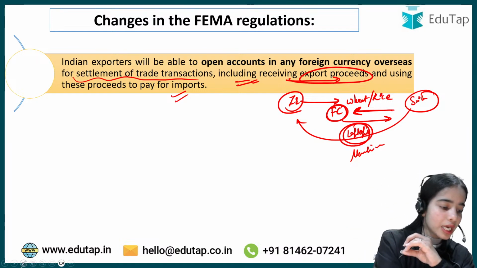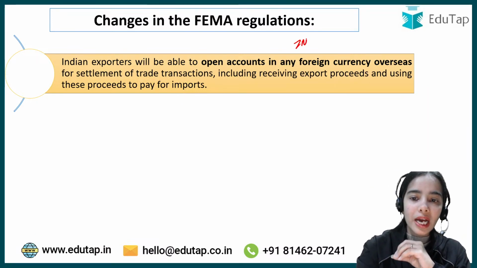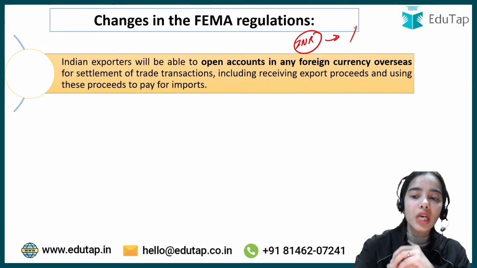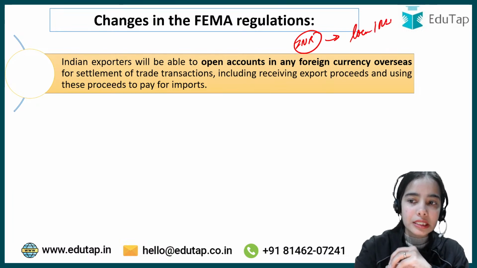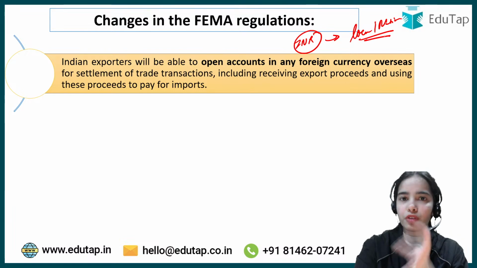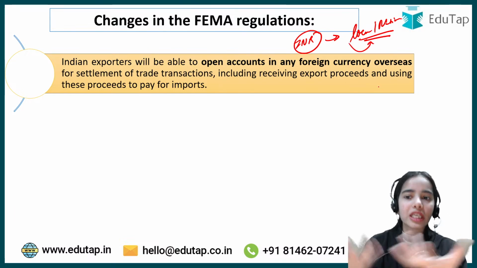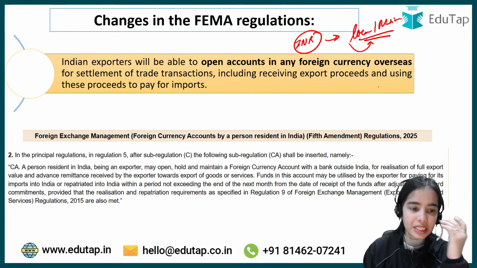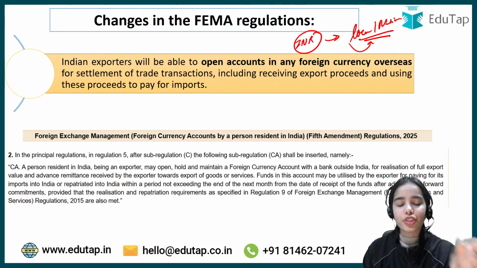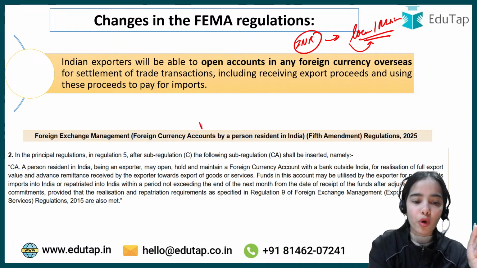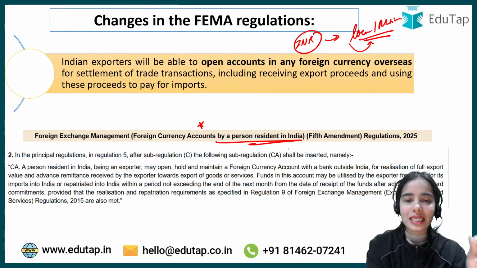Okay, so this is the idea, because we want to promote INR, but we also want to promote the other local or national currencies. Otherwise, the other countries will not want to use INR if we are not trying to promote their currencies also, right? So the basic idea is that the FEMA regulations have been updated in regards to foreign currency accounts by a person resident in India.